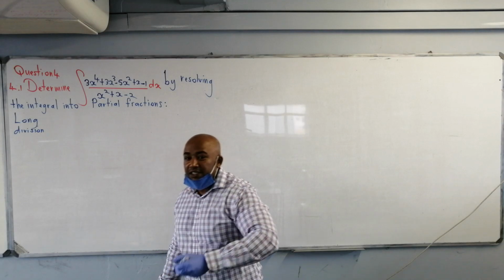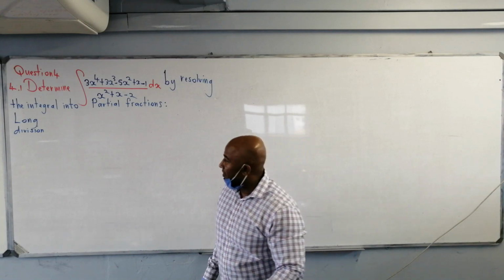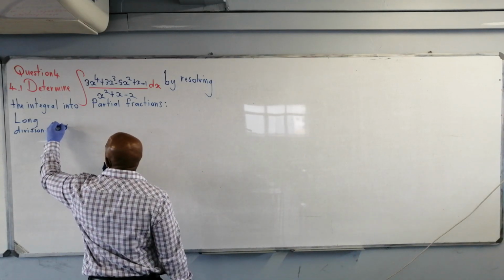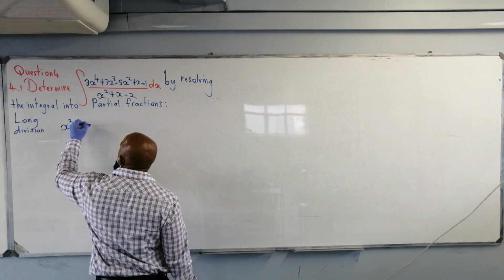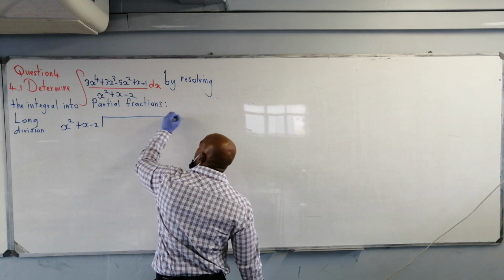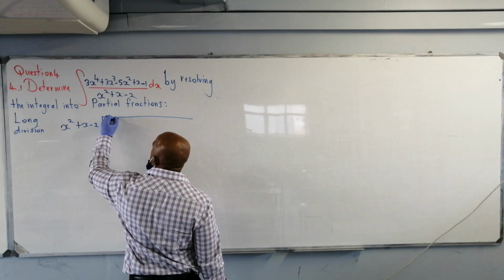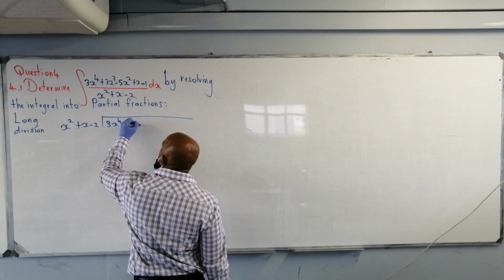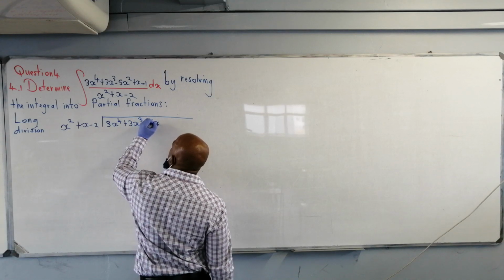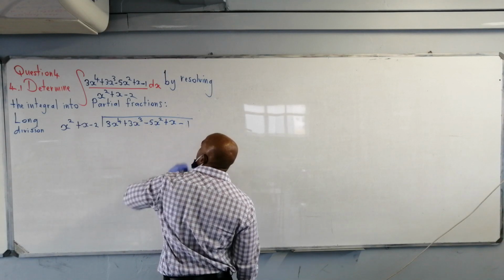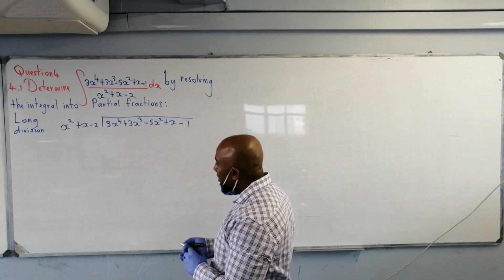The denominator is now going to be called the divisor. Right, so the divisor, x squared plus x minus 2 on the outside, and the dividend on the inside here, which is 3x to the power 4 plus 3x cubed minus 5x squared plus x minus 1.